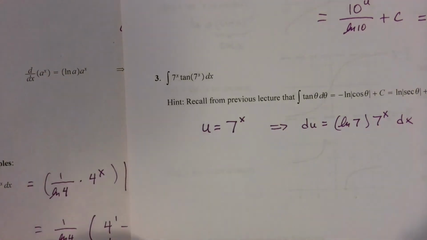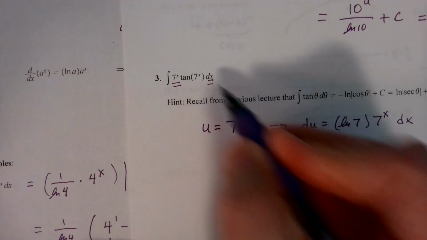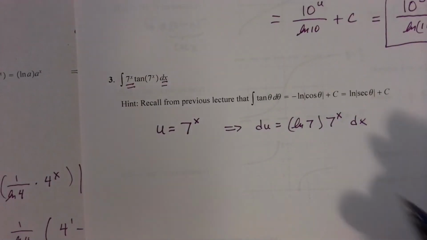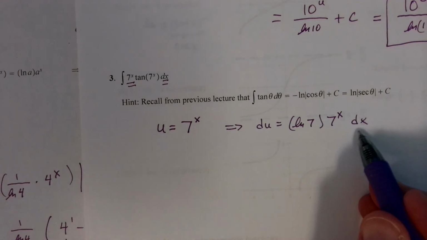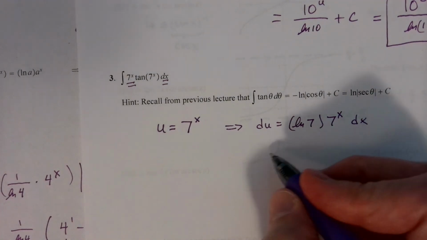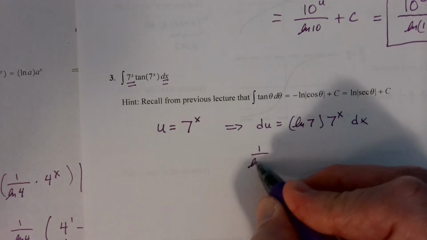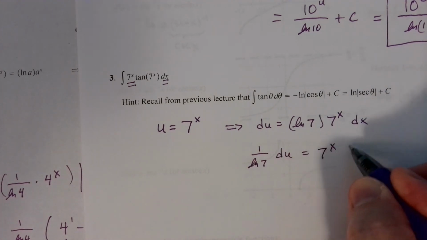Okay. Now if I look at what I have, 7 to the x dx. Here I've got natural log of 7 times 7 to the x dx. So if I multiply both sides by the reciprocal, 1 over the natural log of 7 du, then this is just 7 to the x dx.